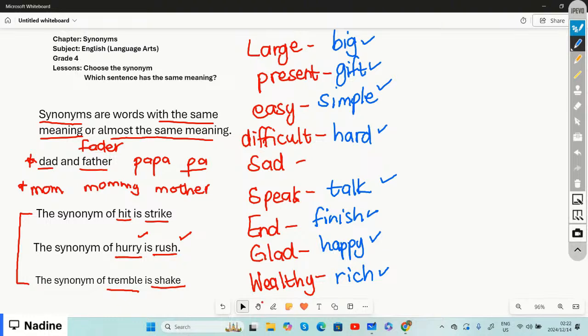And then sad. If you are sad, it means that you're also what? If you are sad, you are and what?